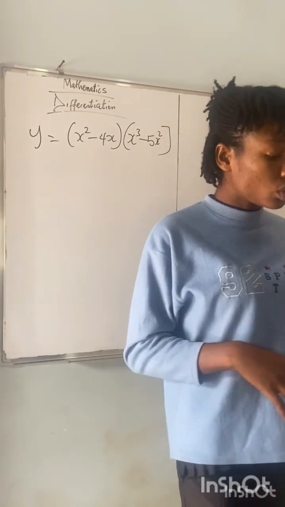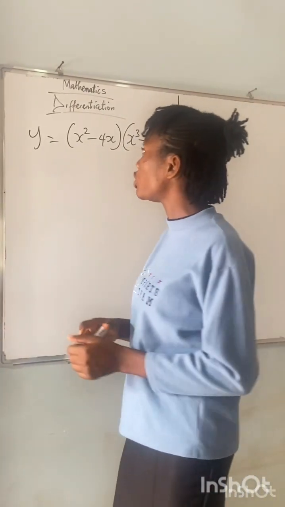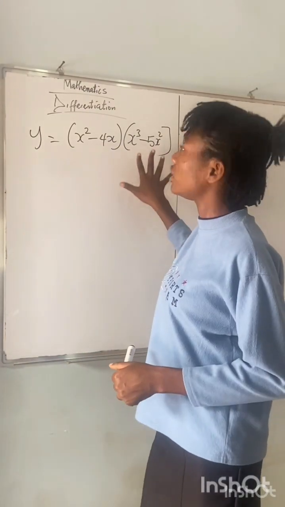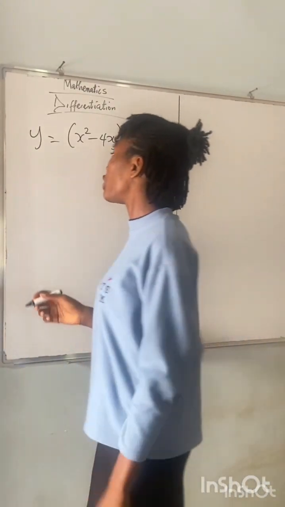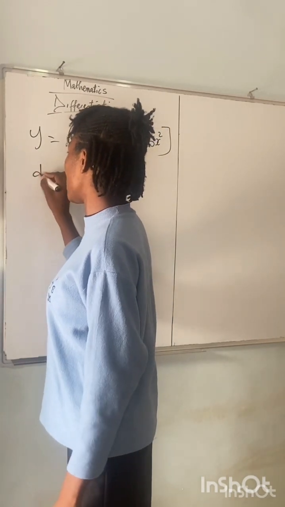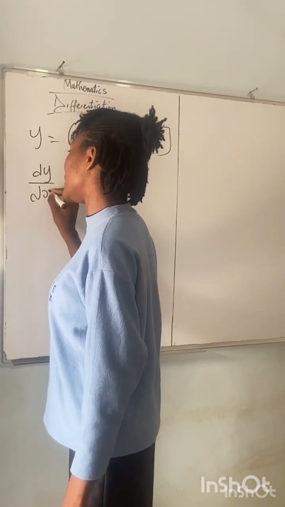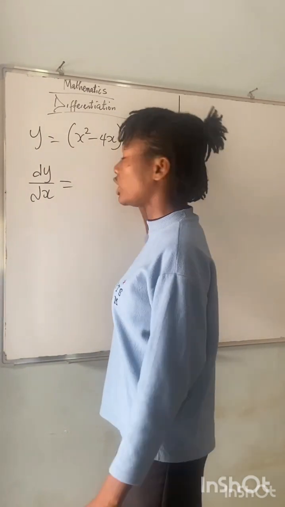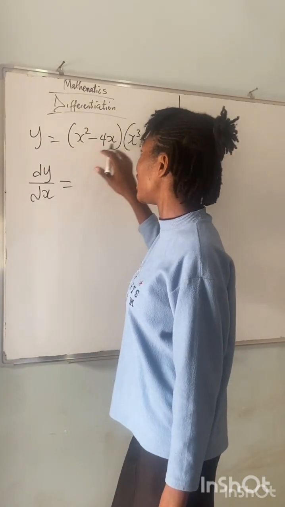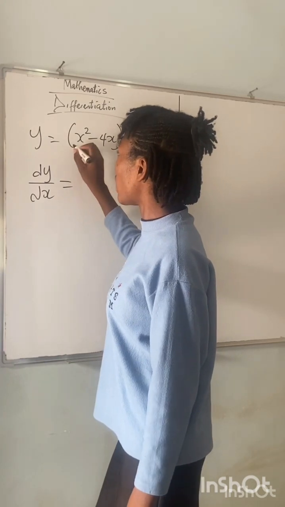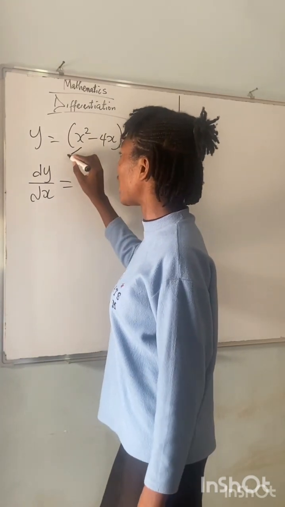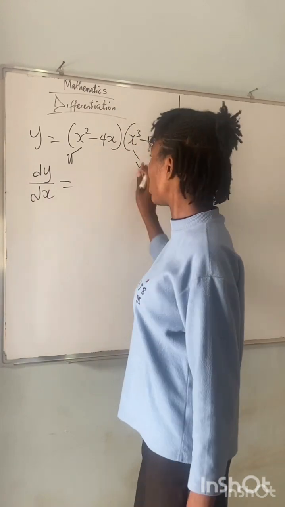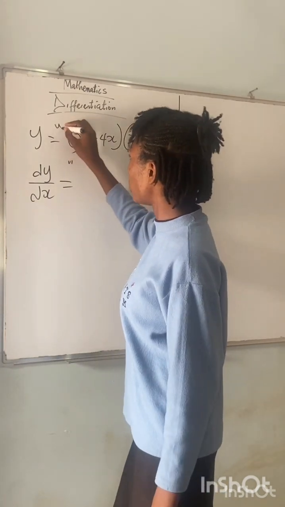So we're going to be looking at how we can use our product rule. It's a simple format in differentiating this. Our product rule simply states that our dy/dx, in this case, we're going to be naming these two expressions. The first bracket we'll call our u, and the second bracket our v.